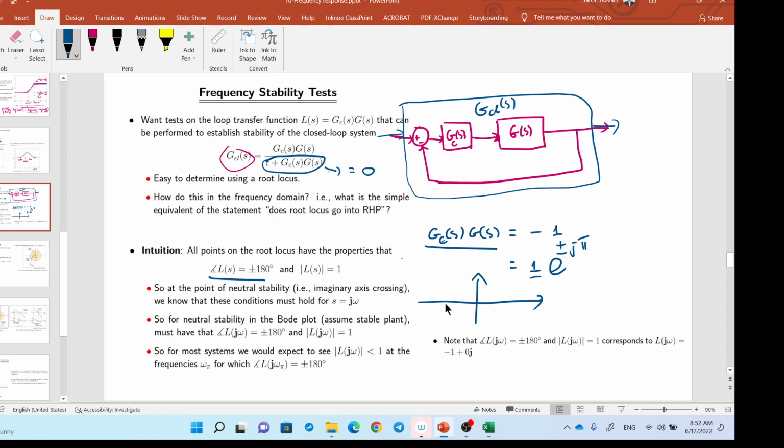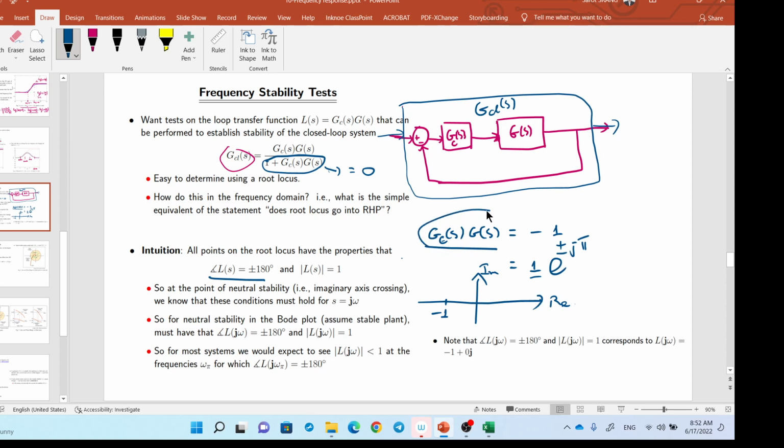Neutral stability means if I have -1 here, this is imaginary, this is real. If you substitute s by j omega, it becomes a complex number.